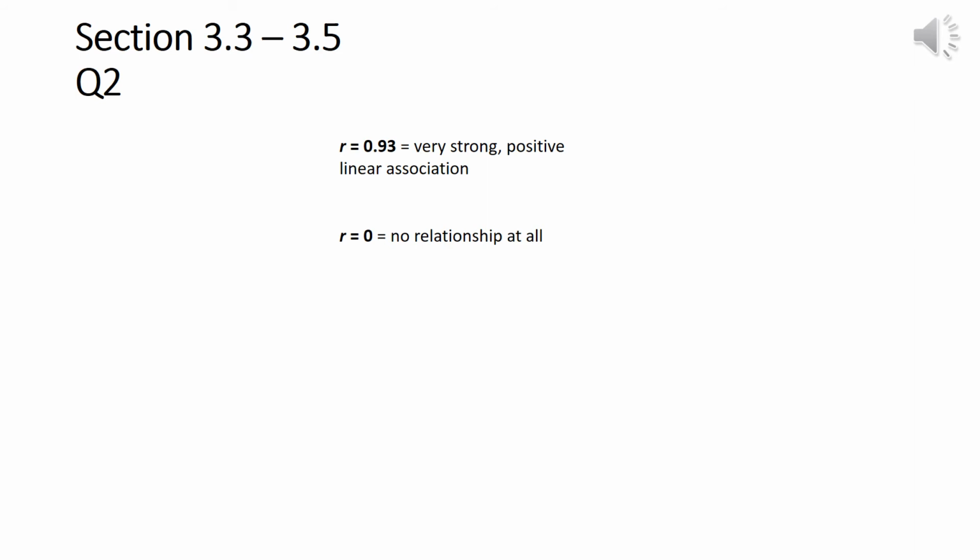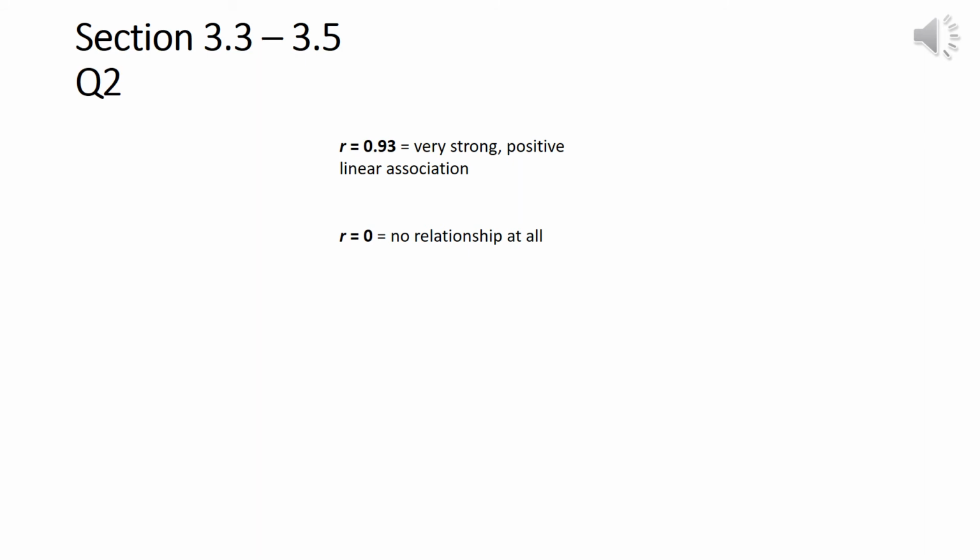So I'd describe this by saying it's going to be a very strong association, it's a positive association, and it's also a linear association. The second one, R equals 0, in this case, what it means is we've got a flat line. So an increase in X has no impact on the value of Y. So essentially we've got no relationship at all.